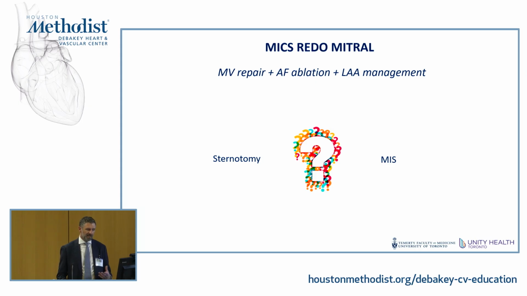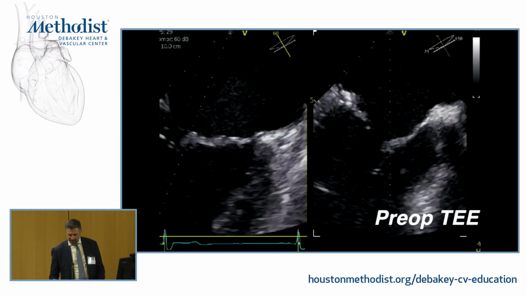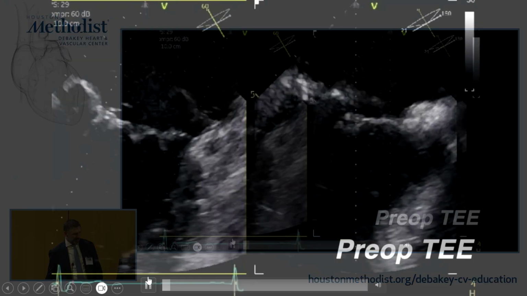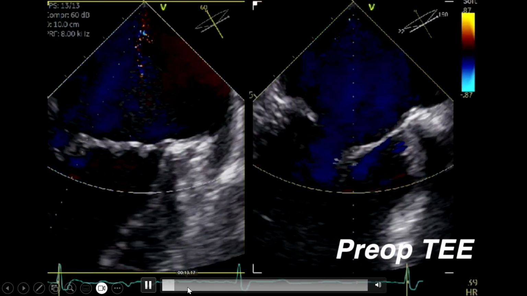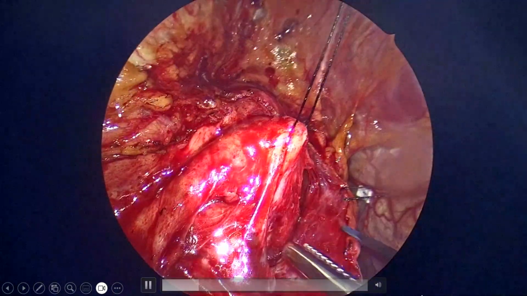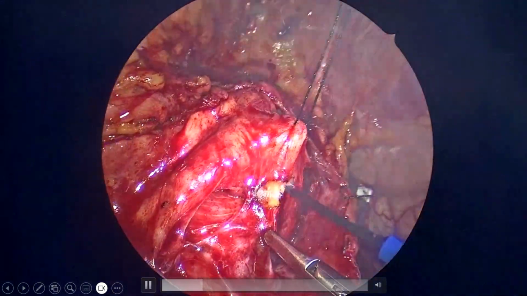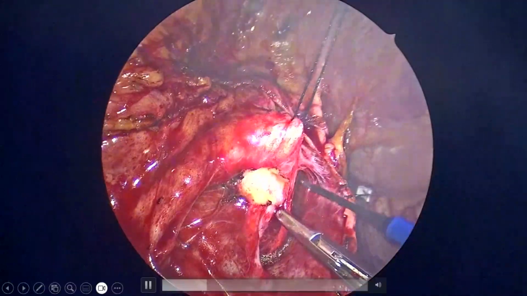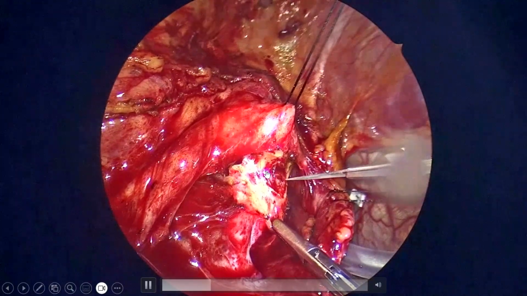The question could be, is it better treated with sternotomy or MIS? And obviously we are here talking about minimally invasive, so you know what the strategy was at the end in our case. So here again you see the exposure of the interatrial groove and just a really minimal dissection.